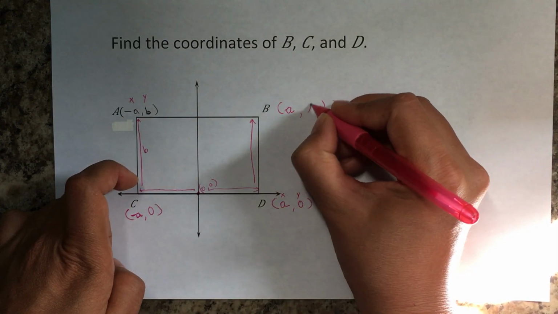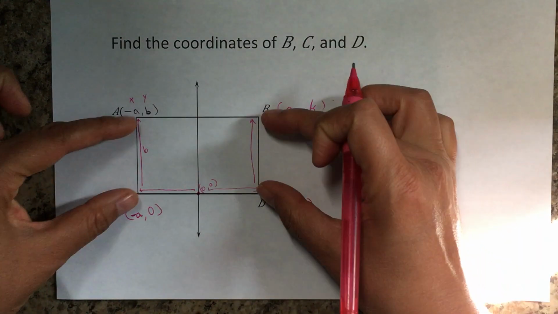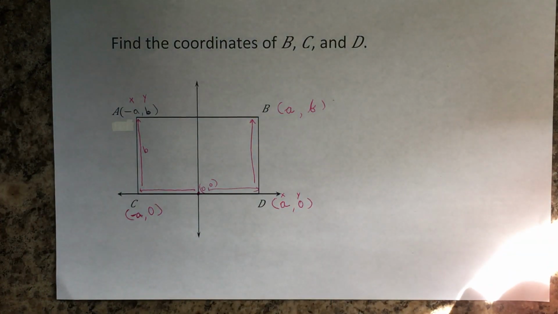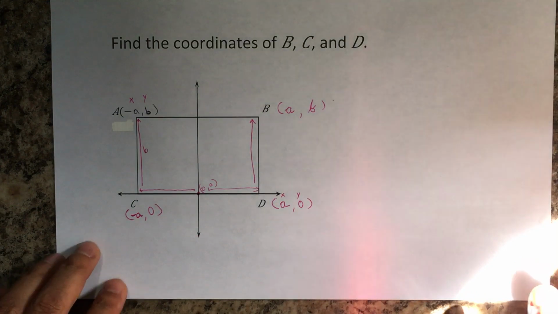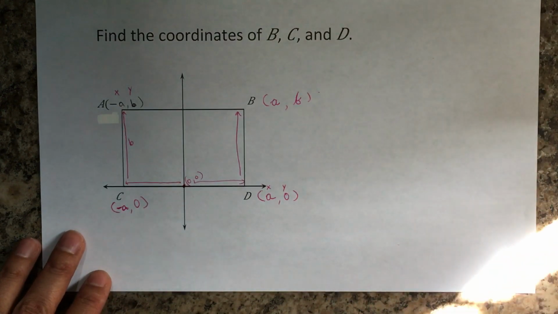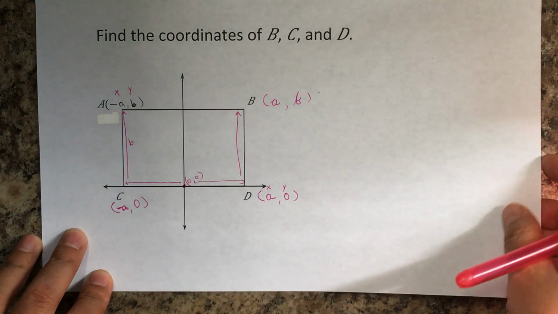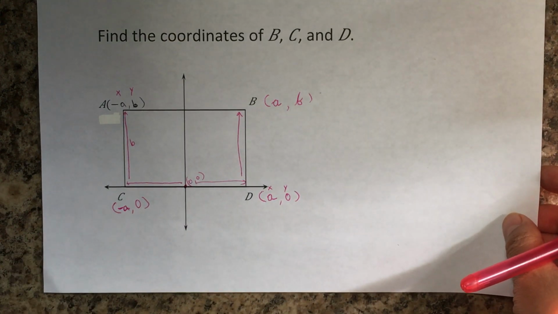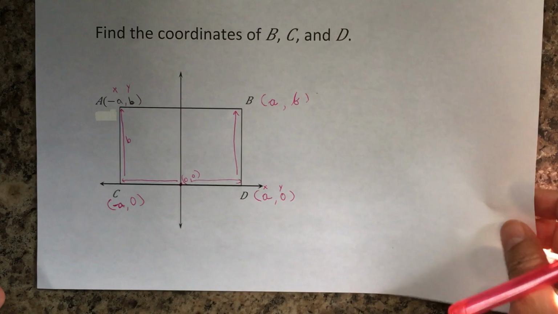And therefore, this is going to be b as well, because they have the same height. Okay? So hopefully you're kind of getting it. I know that it seems a little bit confusing because we're using variables instead of numbers. But let's see if it gets better and better.